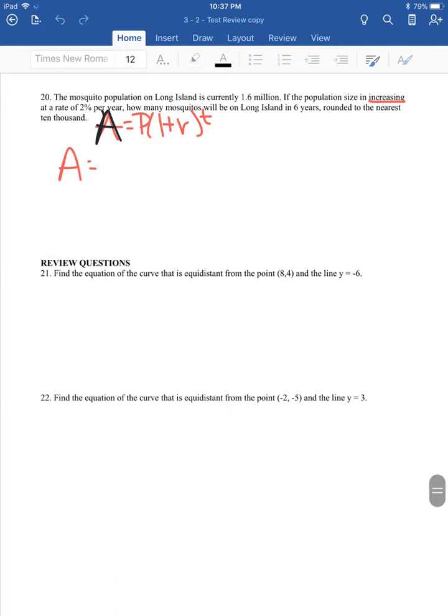I don't want to plug in a whole bunch of zeros, so I'm just going to plug in 1.6, and remember I have to put million at the end of whatever my answer is. So 1 plus my rate. My rate in this case is 2%, so this is 0.02. Raised to the time, we're talking about 6 years.